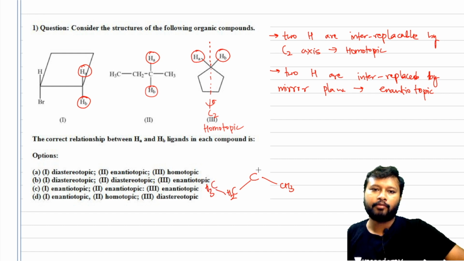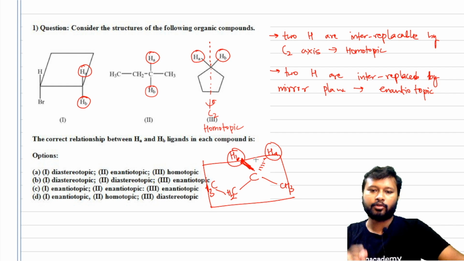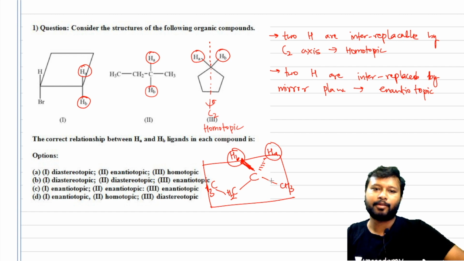And one of these HA will be out of the plane, below the plane, and one of them will be above the plane, right? So these groups cannot be interchanged. You cannot apply any axis over here. So how can these two be interchanged? By applying a plane here. If you apply a mirror plane which passes between these HA and HB, they can be reflected in that plane, and all the other groups will remain on the plane itself.